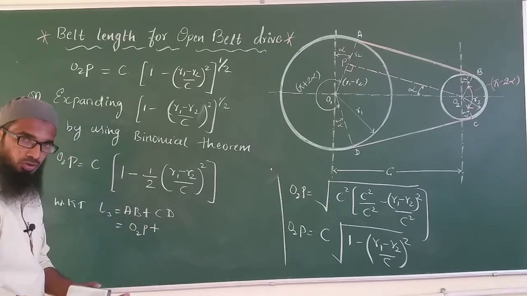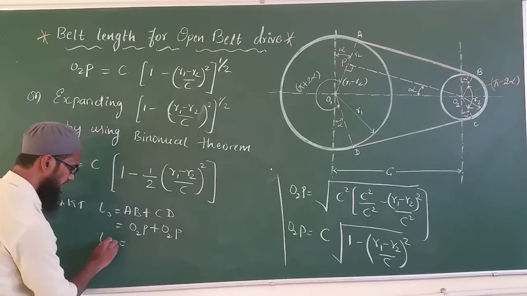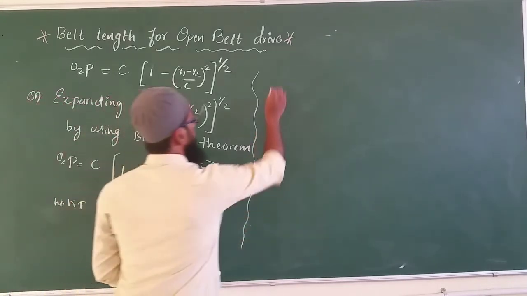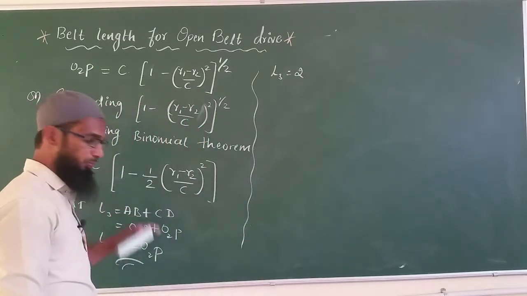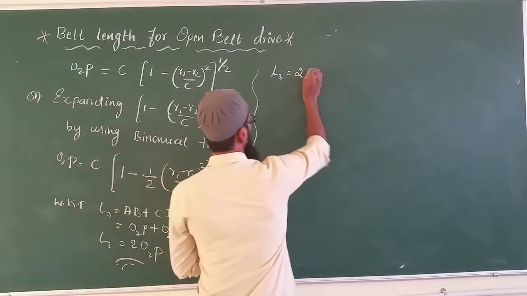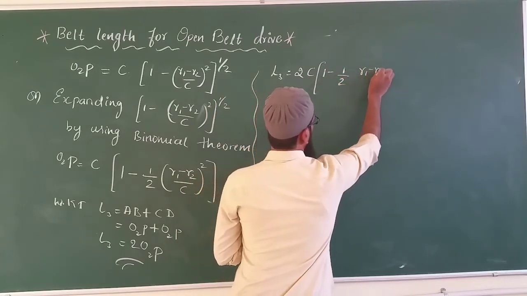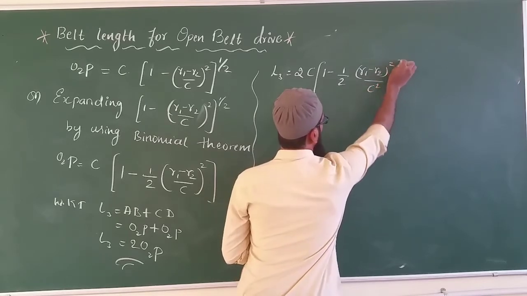Now AB is also equal to CD, so this is also O2P itself. So I can get that L3 is nothing but 2 times O2P. Now L3 becomes 2 times this O2P, that is C into 1 minus half of (R1 minus R2) squared by C squared.